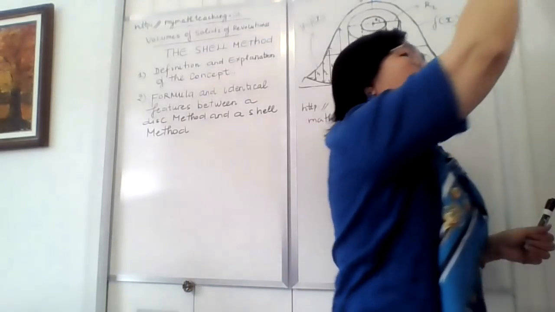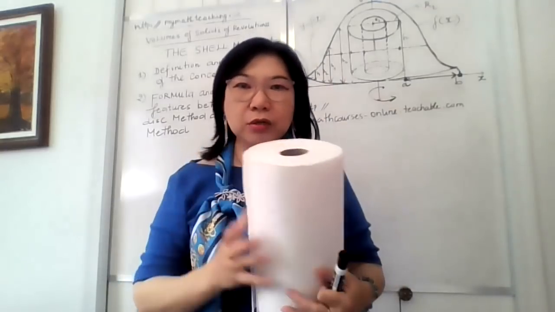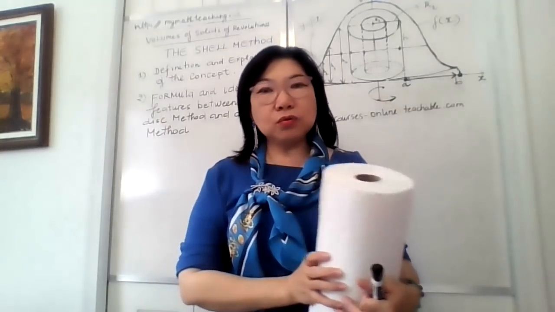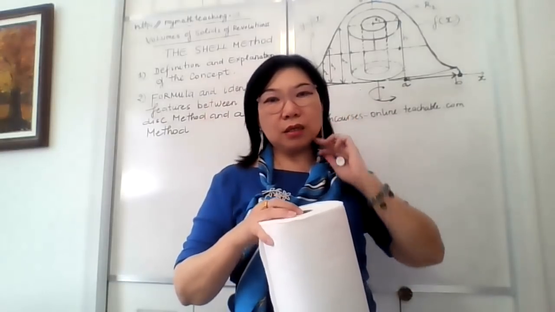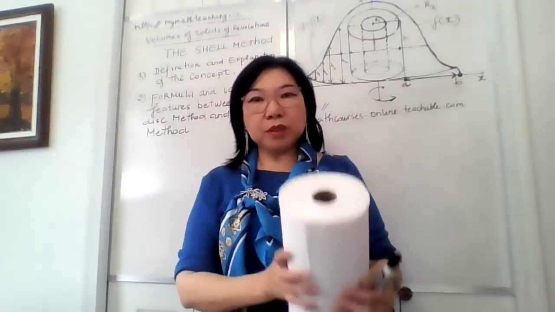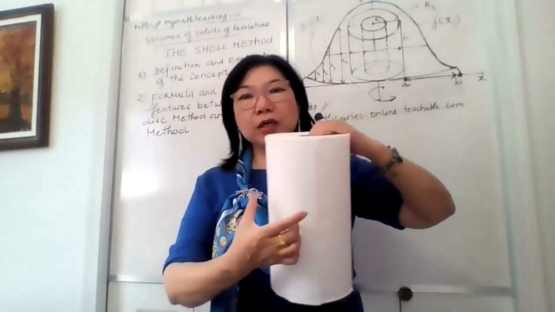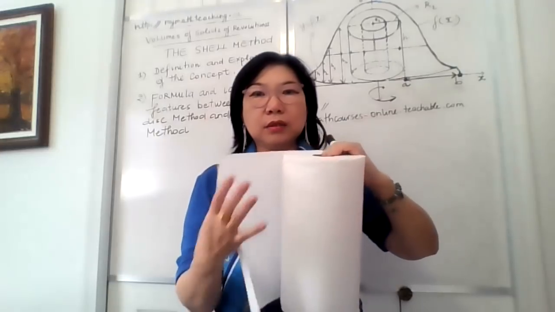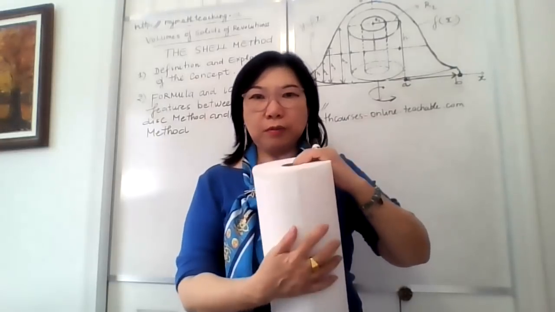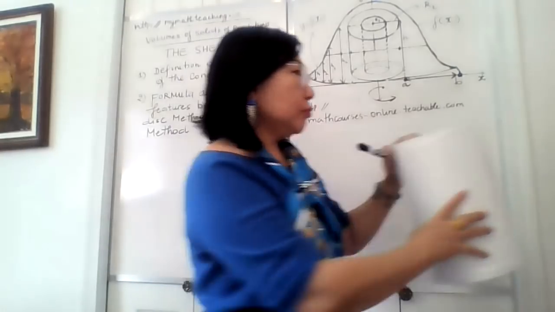But today we're talking about the shell method. And these two techniques are totally different, right? Because this is from the surface area, right? We're talking about one surface area, stacking them together to form a volume, right?